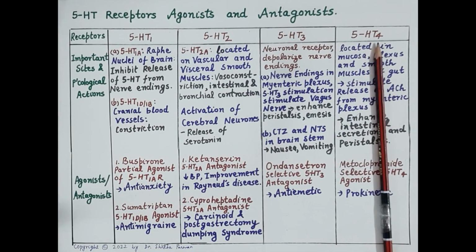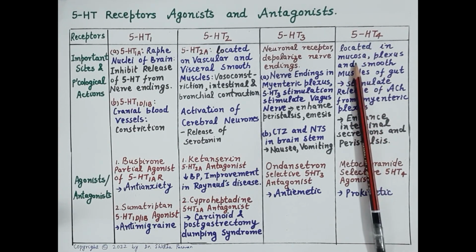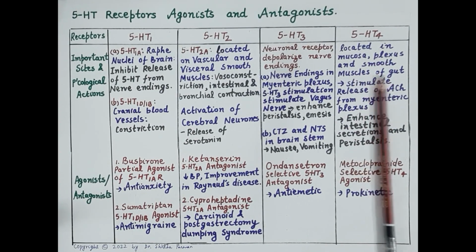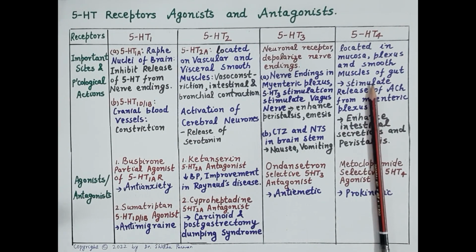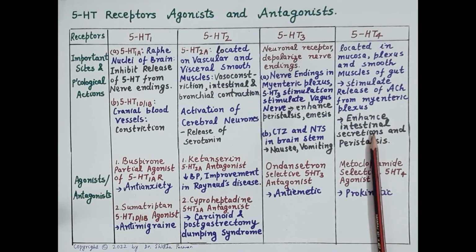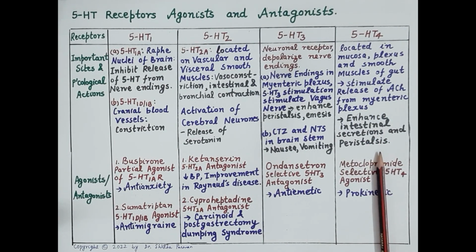Now, 5-HT4 receptors are also excitatory, and these 5-HT4 receptors are located in the gastrointestinal tract. 5-HT4 receptors are located in the mucosa, then in the plexus, that is network of neurons, and smooth muscles of the gut. Now, stimulation of 5-HT4 receptors stimulate release of acetylcholine from the myenteric plexus, and that enhances intestinal secretion, and there is also enhancement of peristalsis.